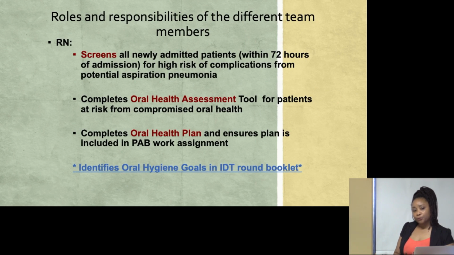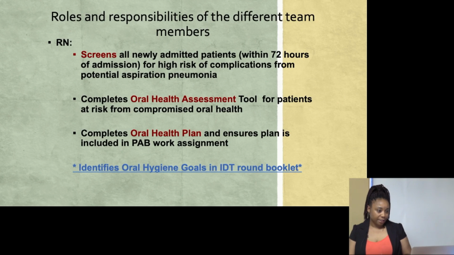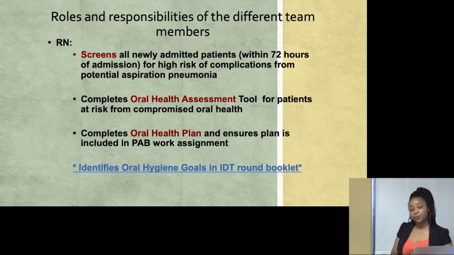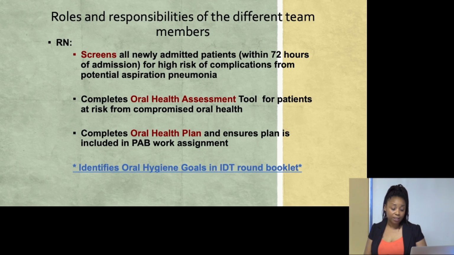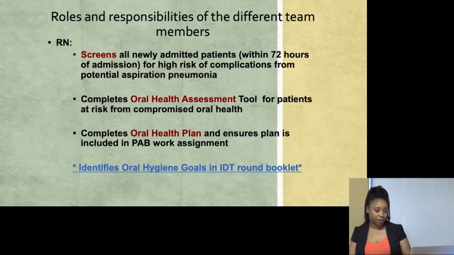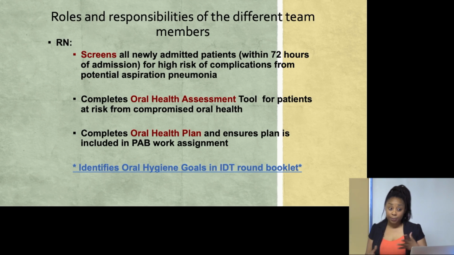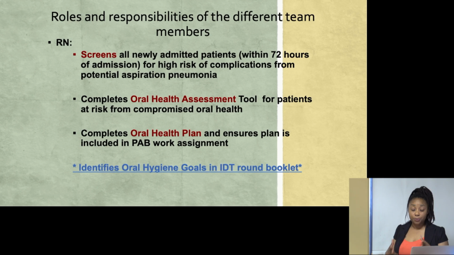So let's look at the different roles and responsibilities of the different team members. Now, as I had mentioned briefly previously, the RN screens all newly admitted patients within 72 hours upon admission. So we would have already looked at the risk of complications.